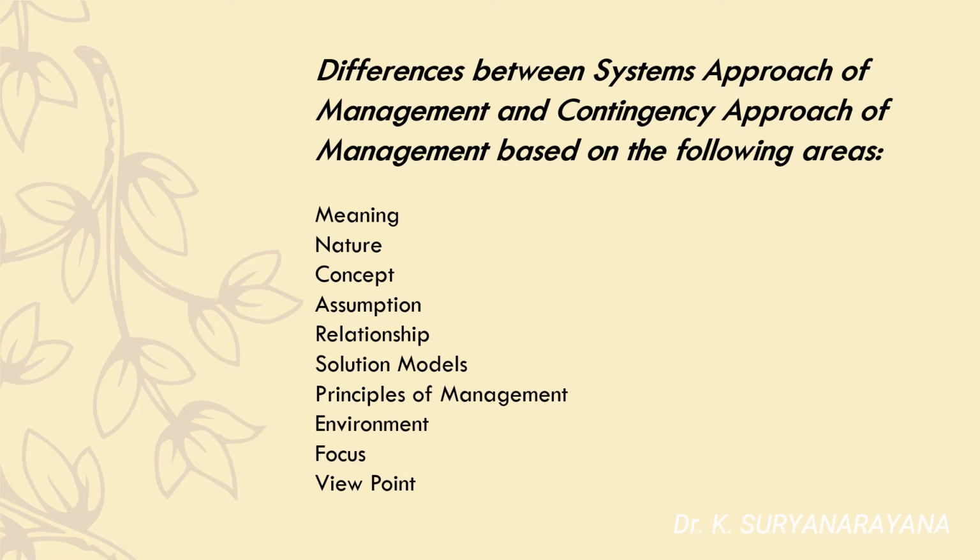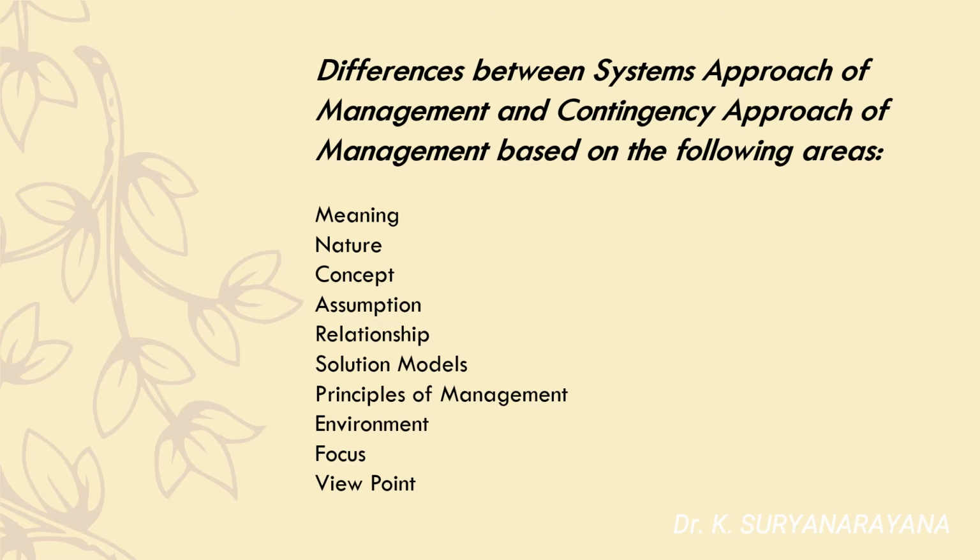Coming to the assumption, the systems theory approach assumes all organizations are similar or the same in nature, whereas the contingency approach assumes each individual organization is unique in nature. Relationship.